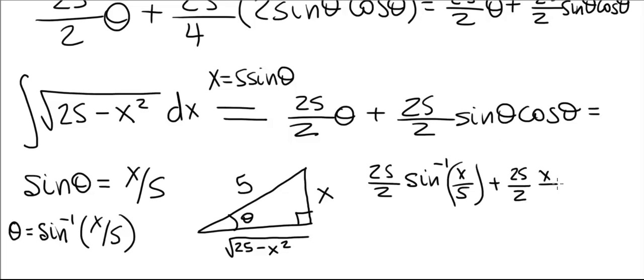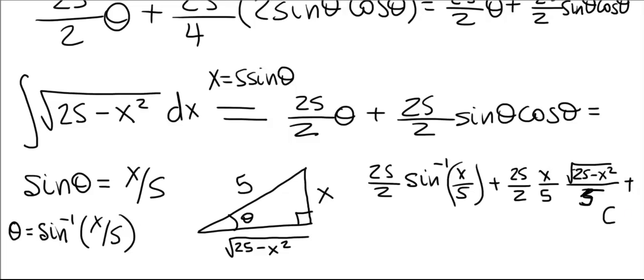Now sine theta is x divided by 5 by the very definition, times cosine theta. And from this triangle, cosine is adjacent side over the hypotenuse. So that's the square root of 25 minus x squared divided by 5. And then we add a c at the end.